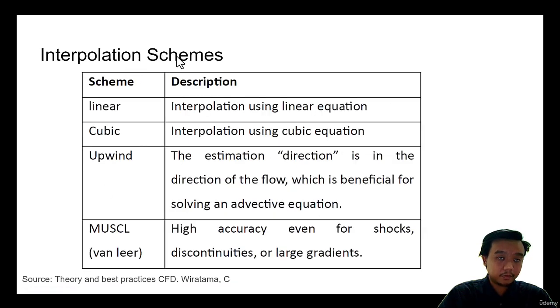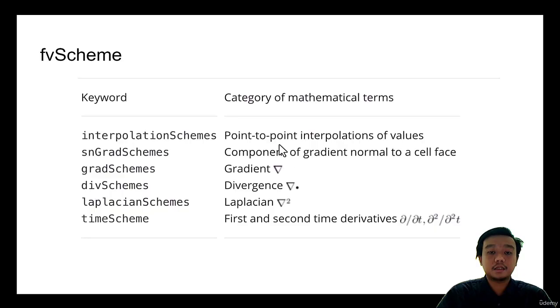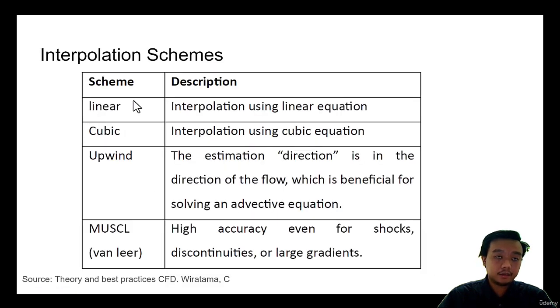The interpolation scheme is basically to interpolate values. If you have a mesh or element, it will have some points, and the value will be interpolated between those points. In OpenFOAM we have a lot of flexibility to edit this, and we have some options, which are linear, cubic, upwind, MUSCL, and so on.